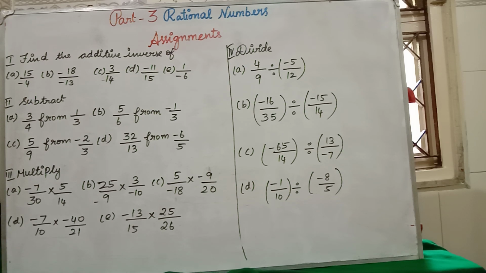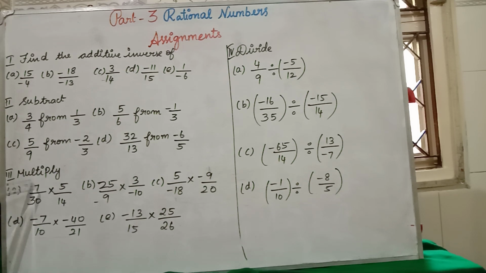Now in second subdivision, subtract 3 by 4 from 1 by 3. Which means what? 1 by 3 minus 3 by 4 you have to subtract. If you see in all the sums I have given, the denominator is different. If the denominator is different, you have to take the LCM and then only you have to proceed. Clear children?